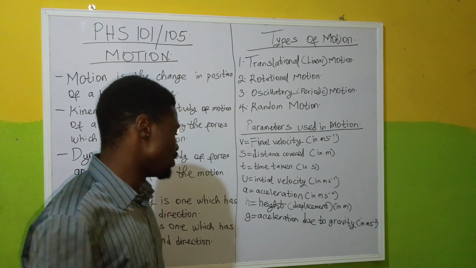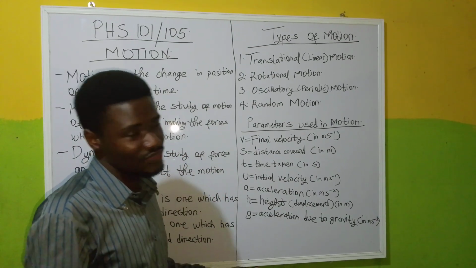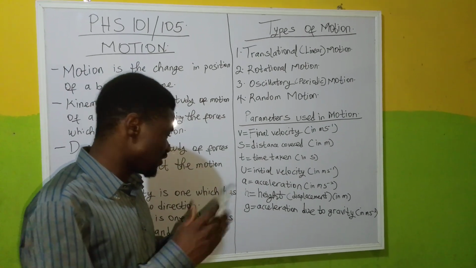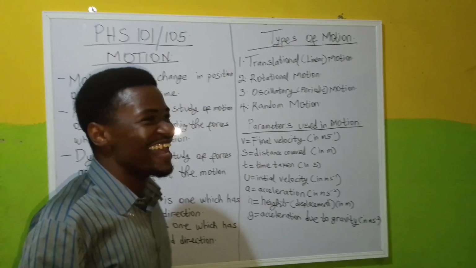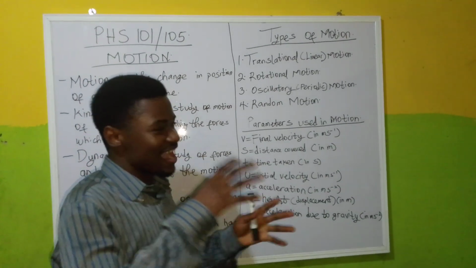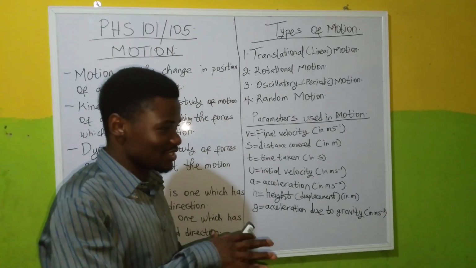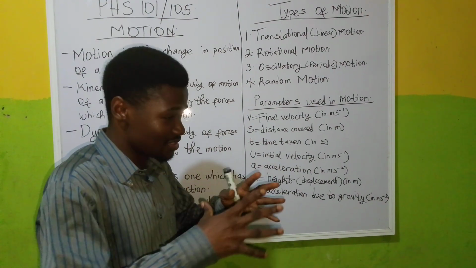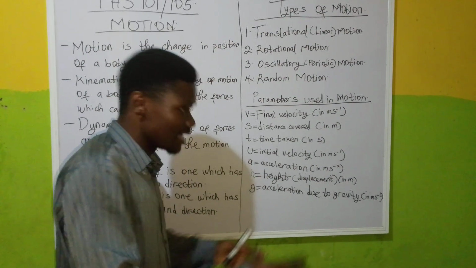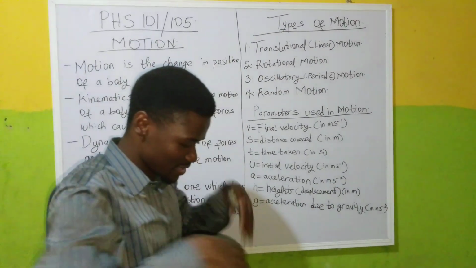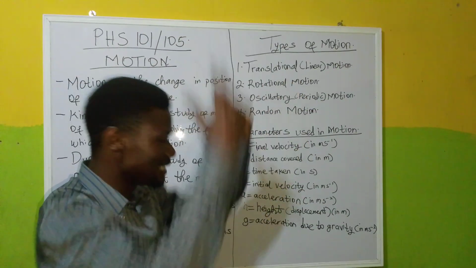Then we also have g, which is acceleration due to gravity. As a physicist, you should know. Okay, I'm a physicist. So as a physicist, acceleration due to gravity: there's a force that acts on every object on the Earth. It acts towards the Earth, like it's acting downward. As we are standing here on Earth, the force is acting downward.